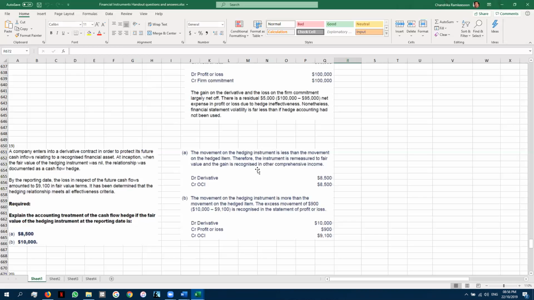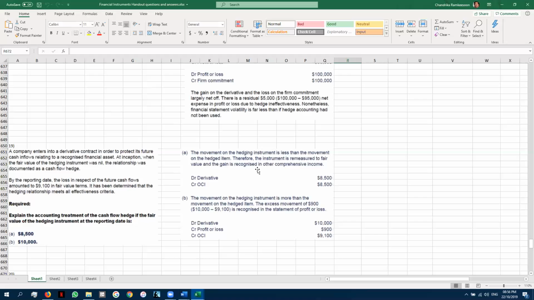If the gain or loss on the hedge instrument itself is bigger than the gain or loss on the hedged item, the difference must go through P&L, but the majority of it will go through OCI. Here, the movement on the hedging instrument is less than the movement on the hedged item. Therefore, the instrument is remeasured to fair value, and the gain is recognized in OCI.